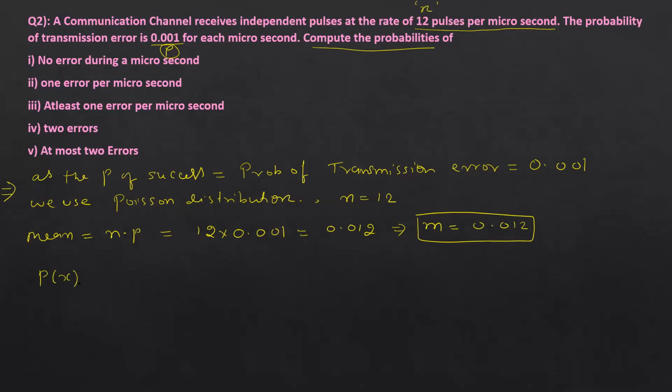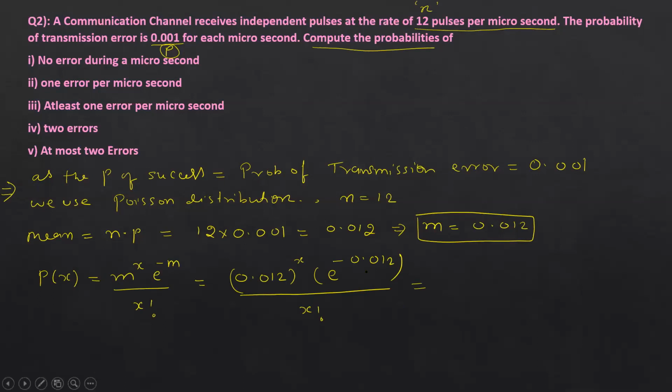Now you can write the p of x for Poisson. This is nothing but m power x e power minus m divided by x factorial, which is nothing but 0.012 power x into e power minus 0.012, whole divided by x factorial. I can write the value of e power minus 0.012 separately so that it is easy for me to calculate.